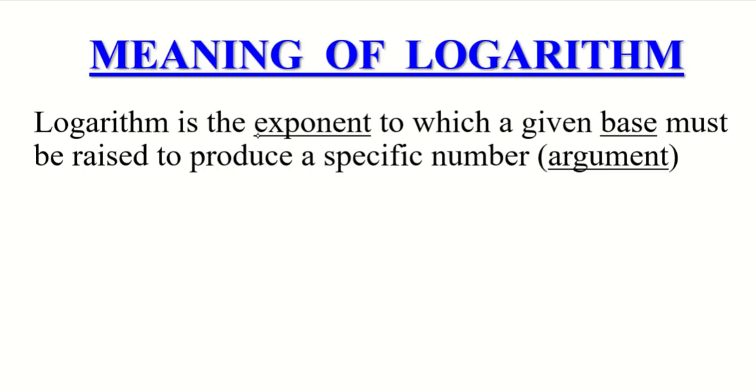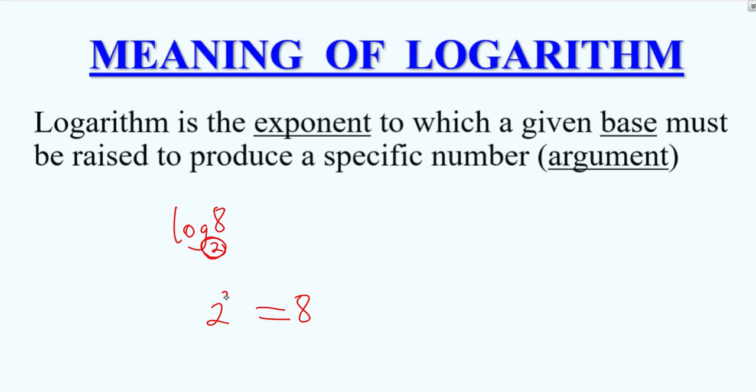Logarithm is the exponent to which a given base must be raised to produce a specific number or the argument, which implies that if we have logarithm of 8 to the base 2, it implies: what exponent must 2 have so that we get an answer of 8?